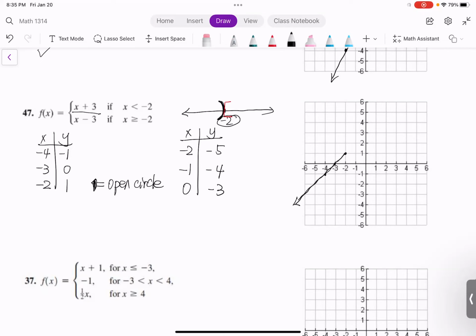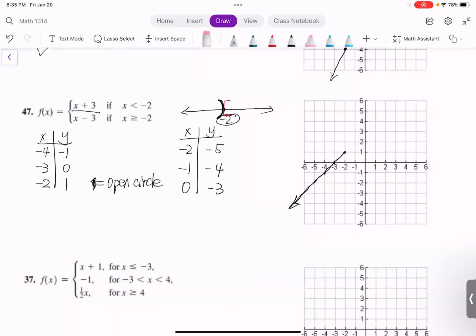So it's going down this way. You cannot go up this way, because if it's going up, the x is greater than -2. So we can only graph the going-down part, x going to negative infinity.